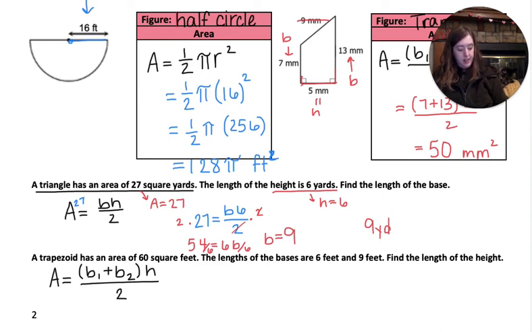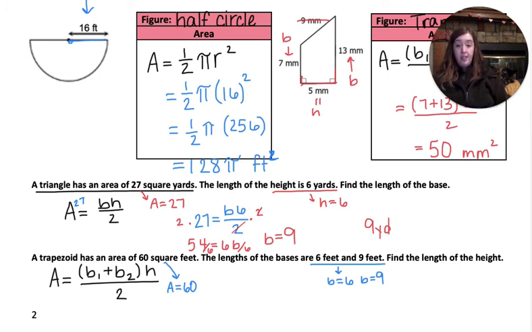They tell me here that the area is 60. And they tell me that the bases are 6 and 9. And we want to find the length of the height. So now we'll plug in what we know into that equation.